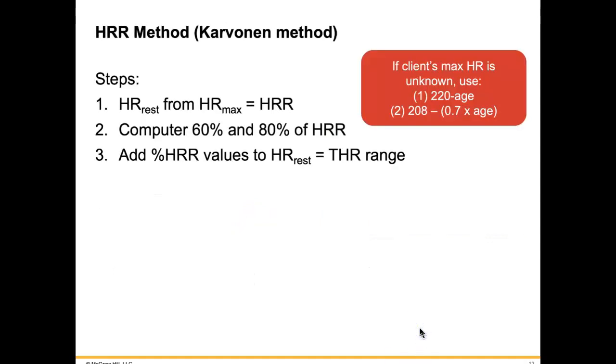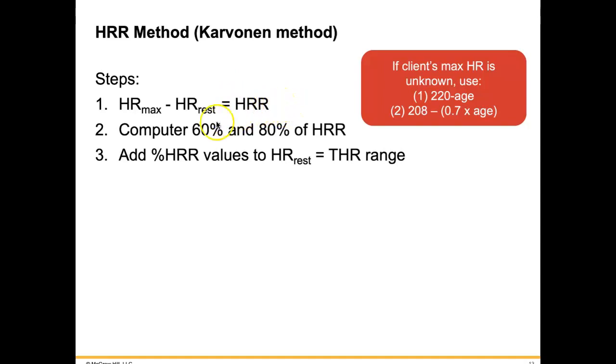So let's do a little walkthrough of that heart rate reserve method. In order to do this, we are going to need to know their heart rate at rest and their maximal heart rate. So the first number we want to be our maximal heart rate, and we subtract from there our resting heart rate, and that gives us our heart rate reserve.